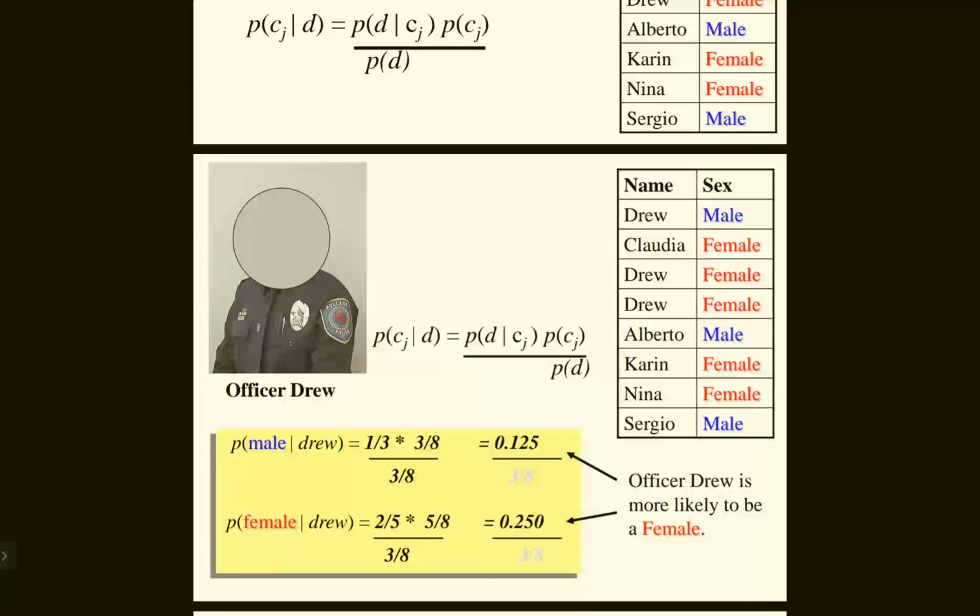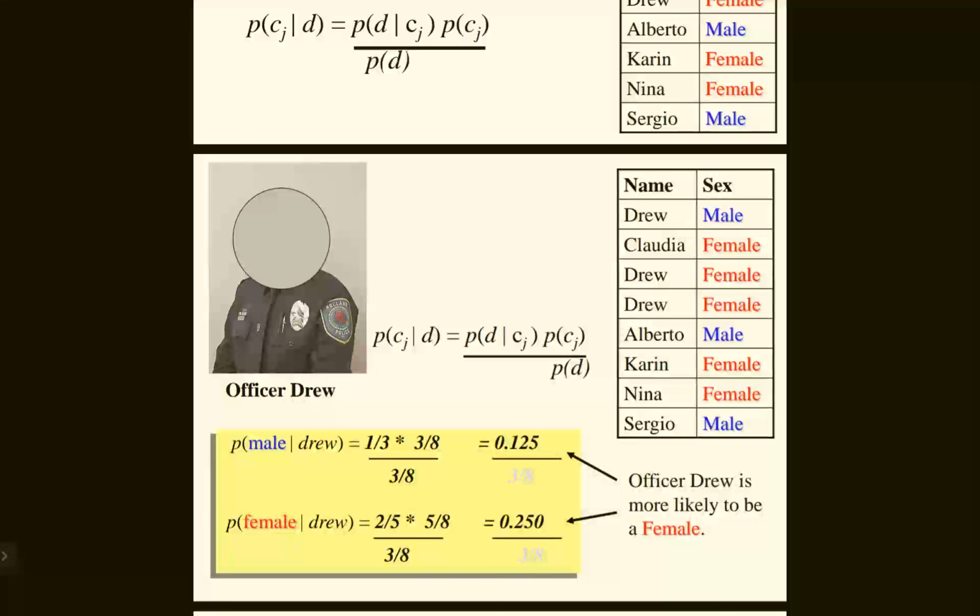Again, the probability of Drew with respect to the class female: how many times is Drew with female present in the given database? Just check the red highlighted female: the first is the second record, Fluidia, which is not considered. Drew one time and second Drew female. Okay, so it is only present two times.